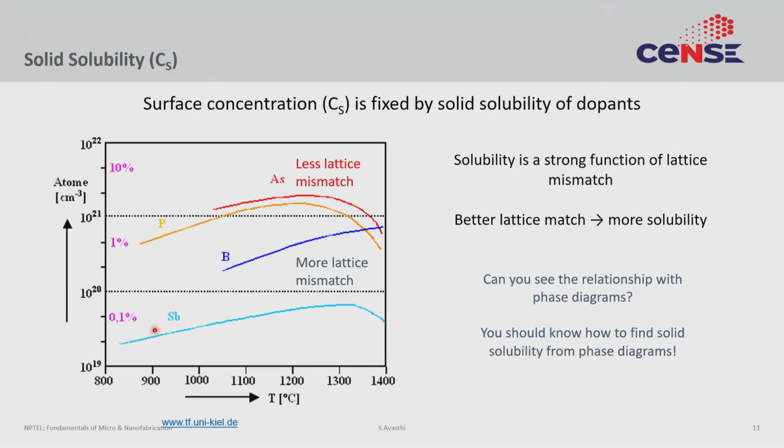If you look at this shape, it should be familiar to those of you who know phase diagrams. Solid solubility is something you can actually extract from the phase diagram. Now, phase diagrams per se are not part of this course, they are optional reading, but for those of you who did the optional reading, the next slide is important.